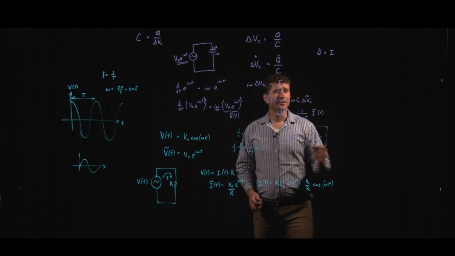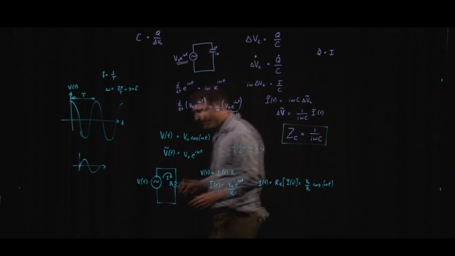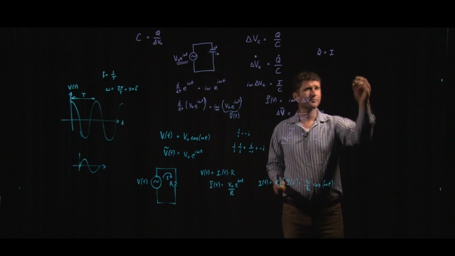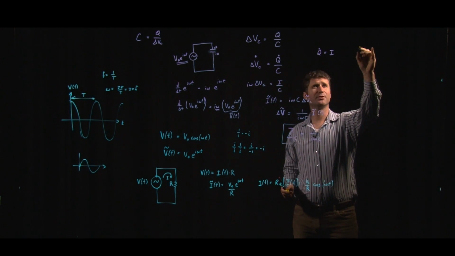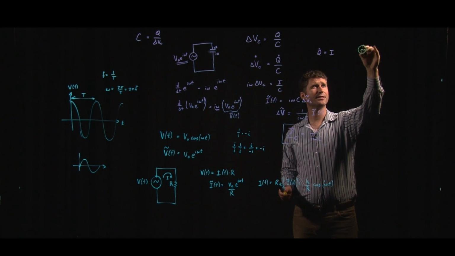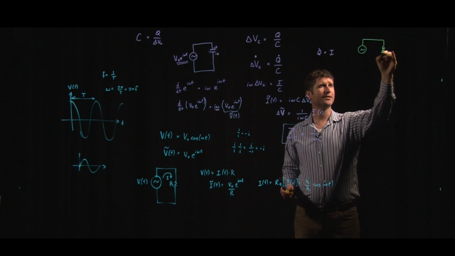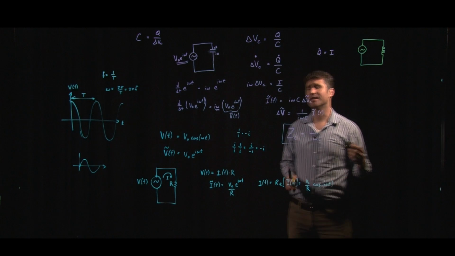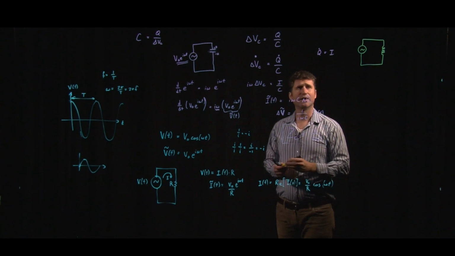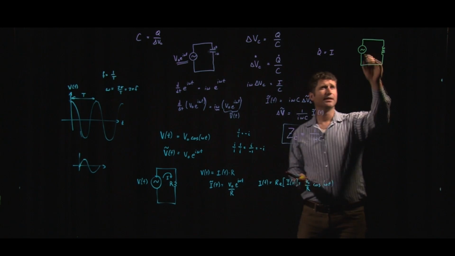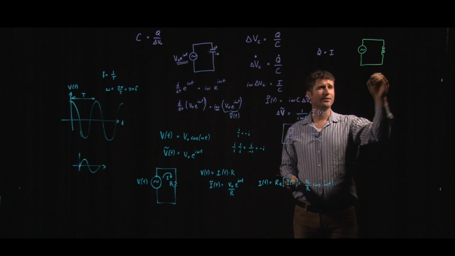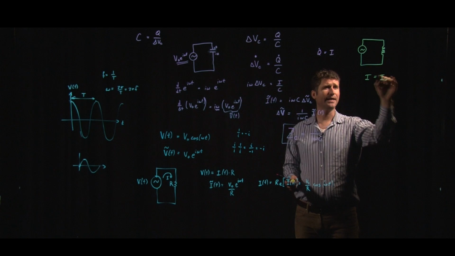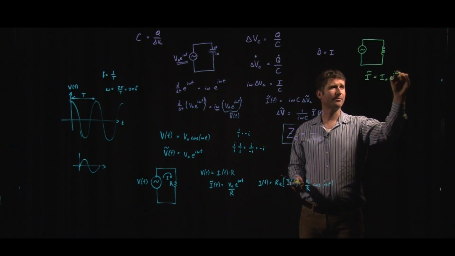So that's a capacitor. Let me get another color here. Let's talk about our inductor. For an inductor, I'm going to approach it from a different perspective. I have my inductor component, and instead of thinking first about the voltage as being the complex phasor, I'm going to go the other way and say that current is defined as some I naught times e to the i omega t.